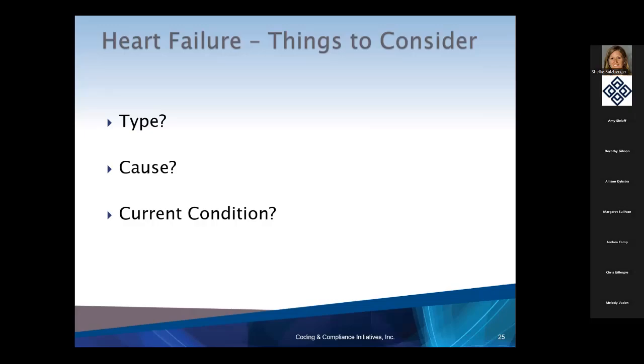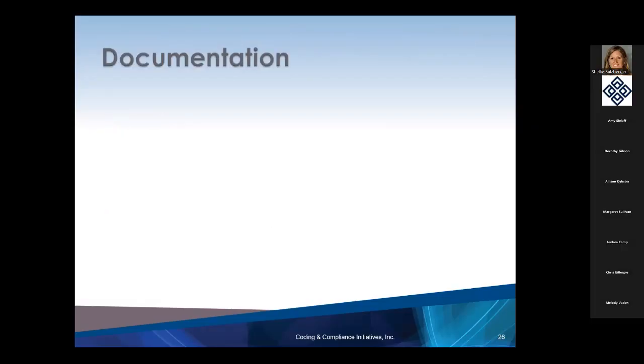Do you have the most recent ejection fraction? If so, document that. Does the patient have a current condition that reflects an acute exacerbation, or is the condition stable? Also, is the patient on oxygen? Are they dependent on oxygen? If so, make sure that we document that as well.